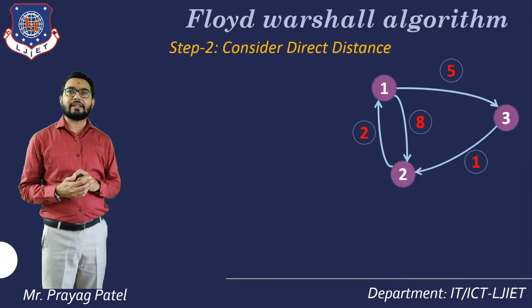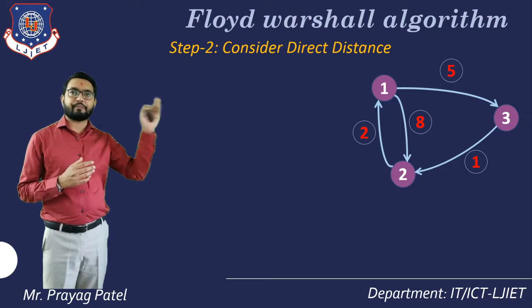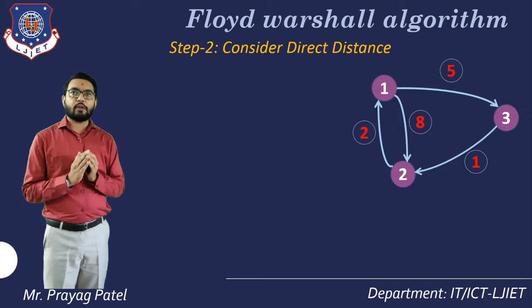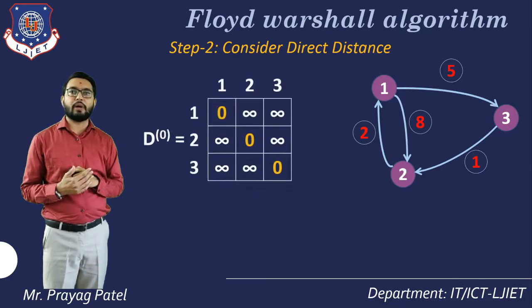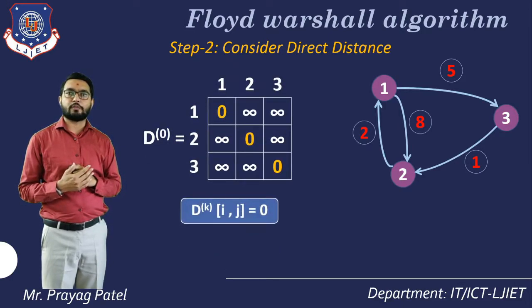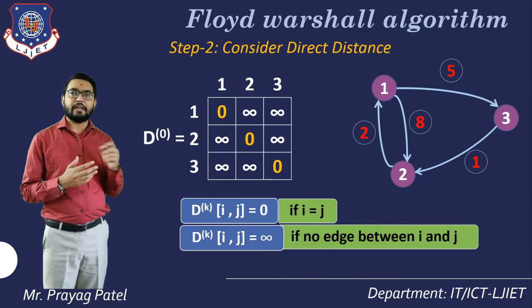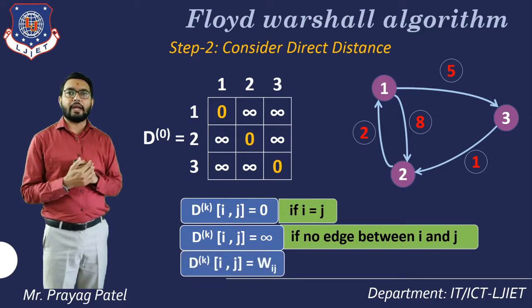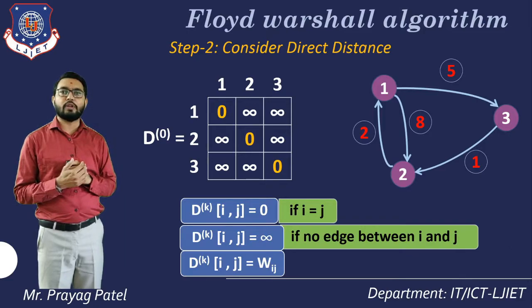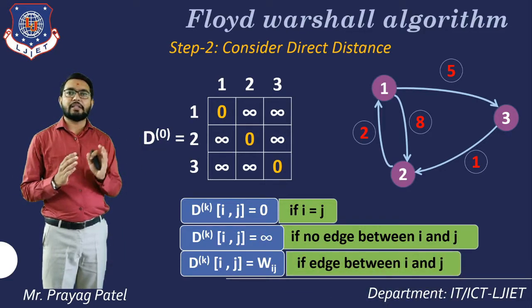Now consider our example. Here in the example, the given graph is there. Step number 2 is to consider the direct distance, according to formula number 1, 2 and 3. The first formula is d of k i j equal to 0 if i equal to j. The second one is d of i j equal to infinity if there is no edge between i and j. And the third formula is d of k i j equal to w of i j if an edge between i and j is available.